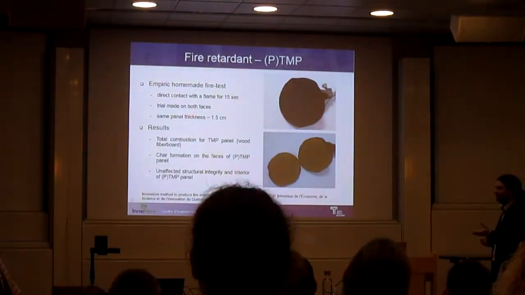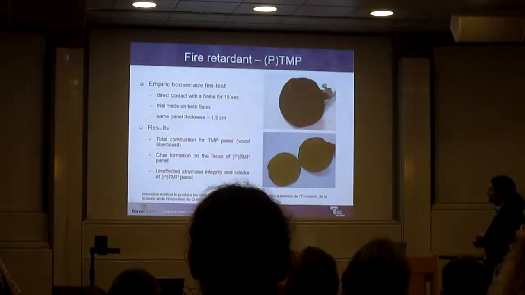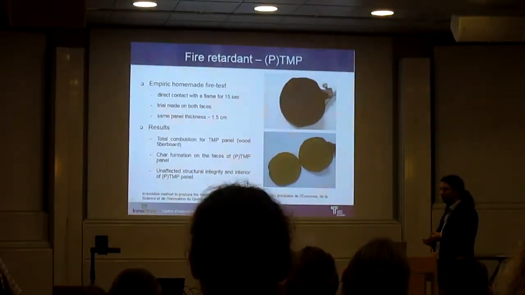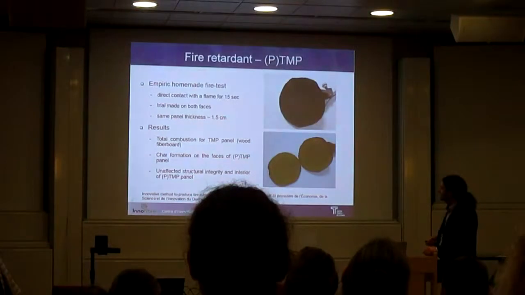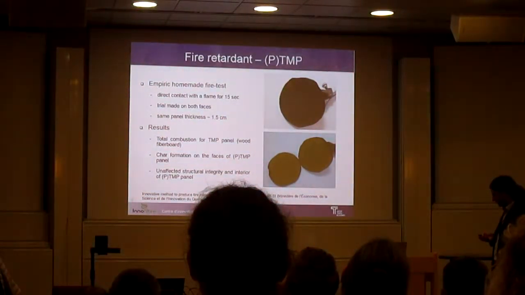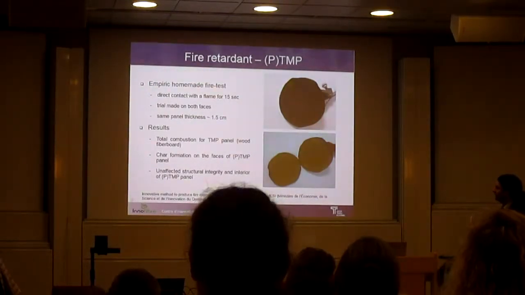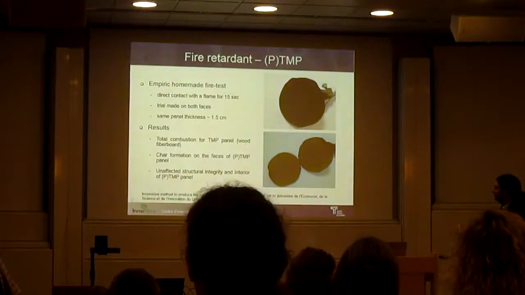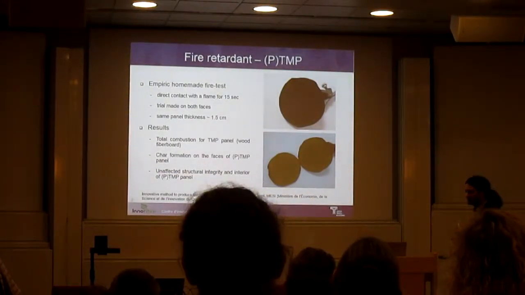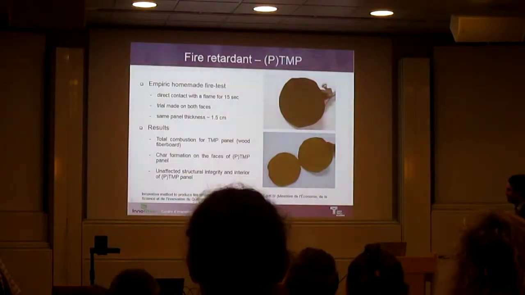That means keeping the material in contact with the flame for 15 seconds on both faces, and after that evaluating the fire retardant response. So what we have obtained, no secret, is the total combustion of the TNT panel with fiber board. That means only the ashes remain at the end.